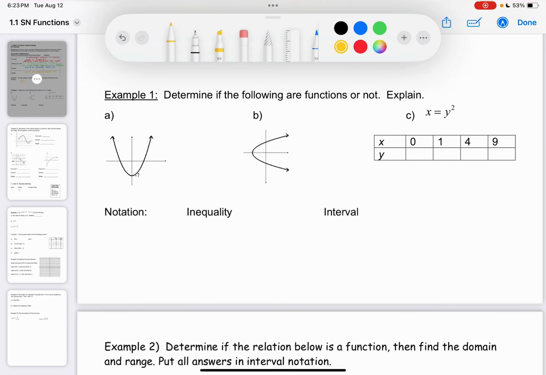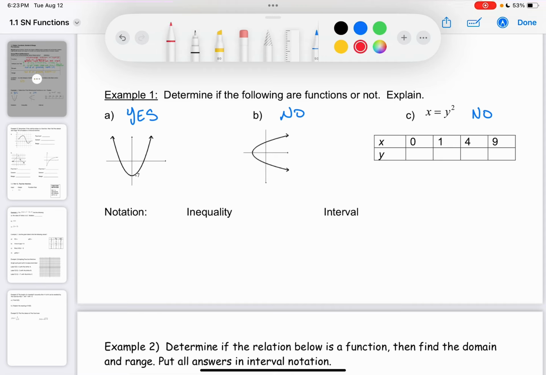All right, let's work some examples now of putting these tests and this definition of a function to use. So first, determine if they are functions. I'm going to go ahead and tell you yes, no, no. So why is this first one a yes?